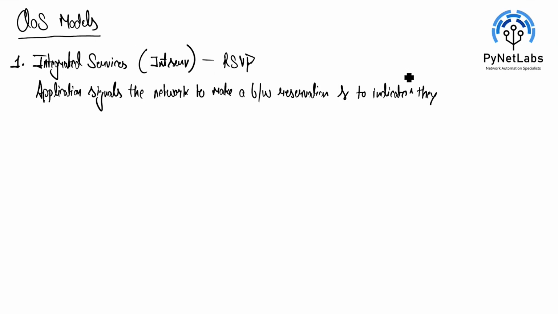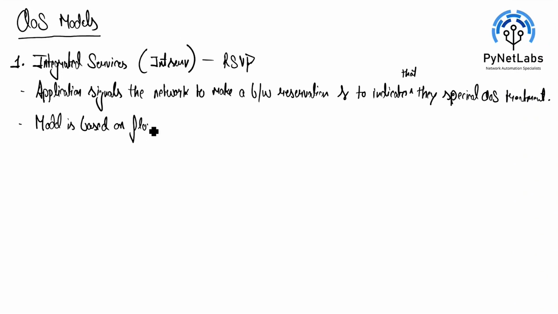What do I mean by this statement? The application signals the network to make a bandwidth reservation and also to indicate that it may require special QoS treatment. The IntServ model is based on flows.